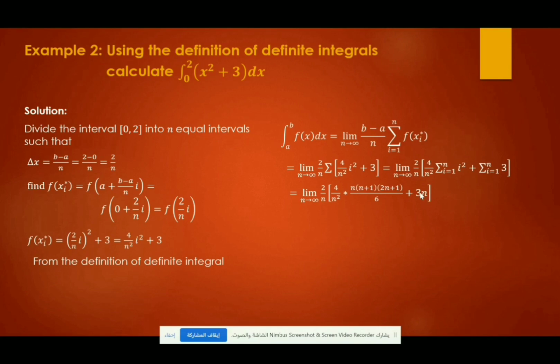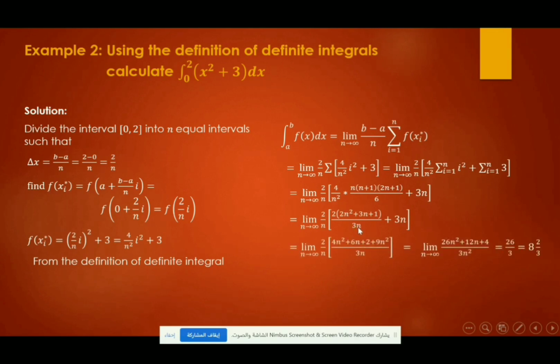Later, you can equal the denominator and simplify what is inside the bracket by the following step. 2 is the result of canceling this 4 with this 6 by dividing each by 2. If you divide 4 by 2, you will get 2; 6 by 2, you will get 3. And if you cancel this n by this n squared, this n gets canceled, and this n squared will be written as n.